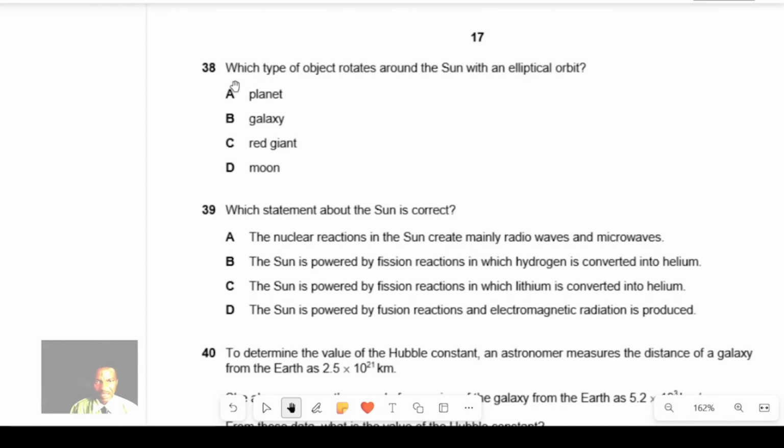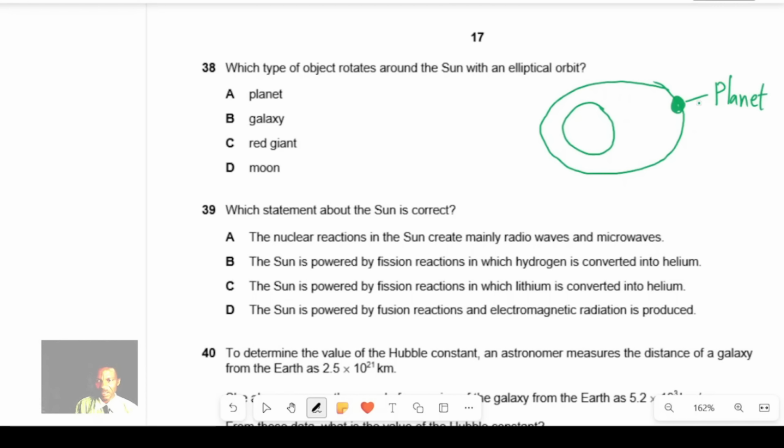Number 38. Which type of object rotates round the sun with an elliptical orbit? So you have the sun here, massive, then you have this ellipse. So this is the planet, revolving around the sun.